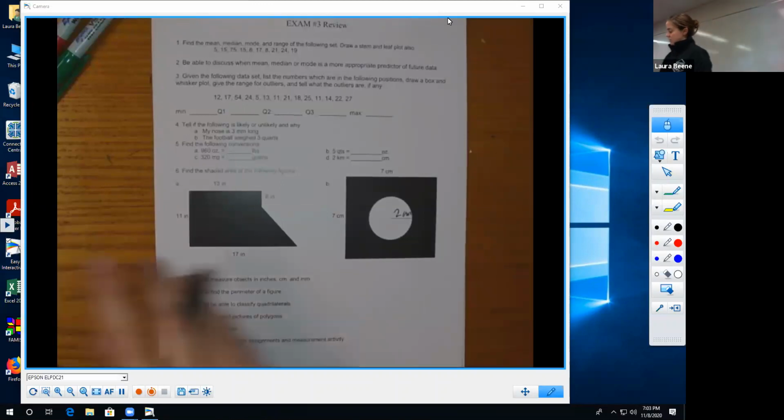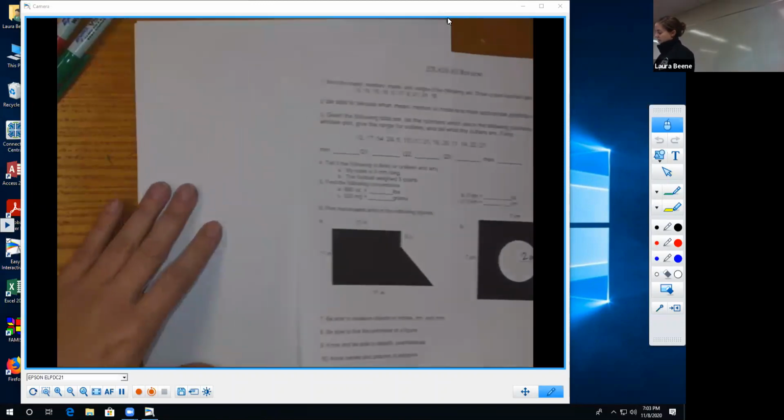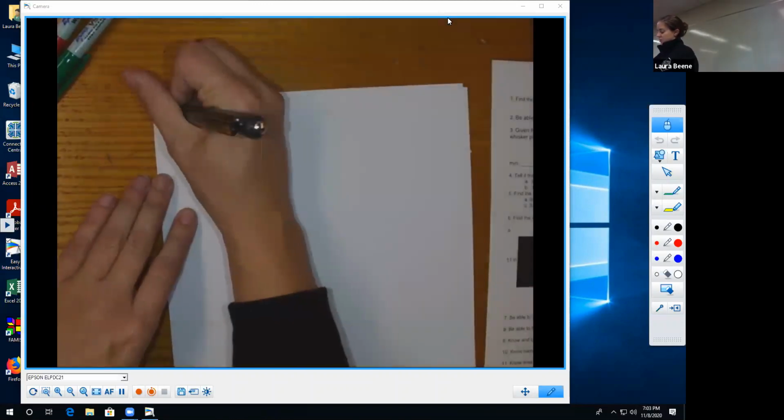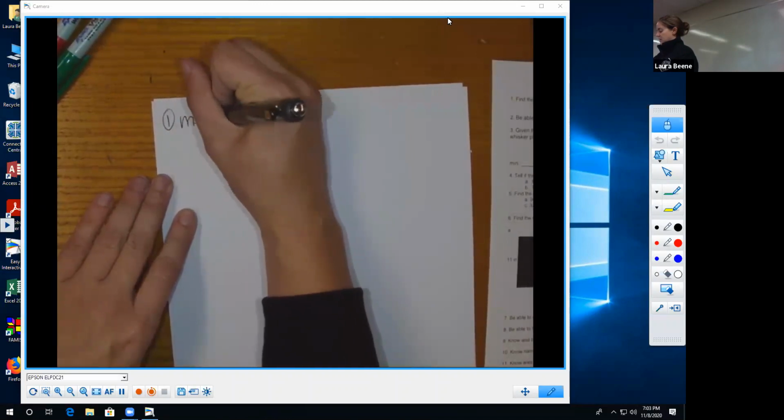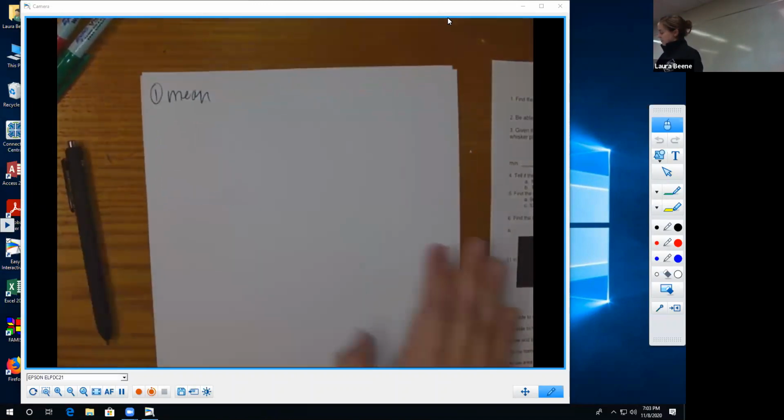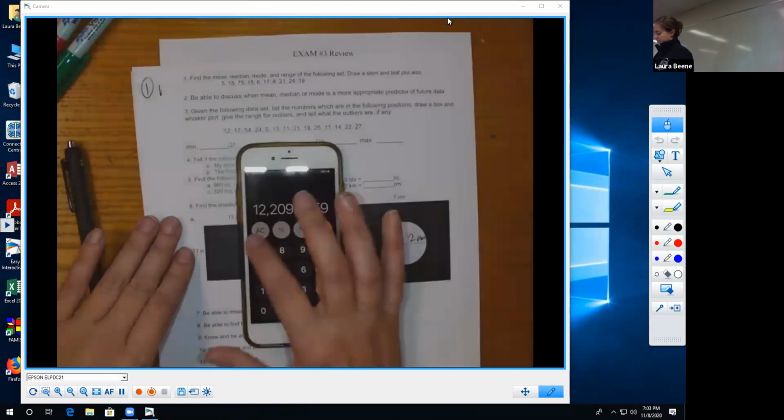Okay, so starting off with number 1, find the mean, median, mode, and range. So for the mean, you're just adding up all those numbers and dividing by how many there are.